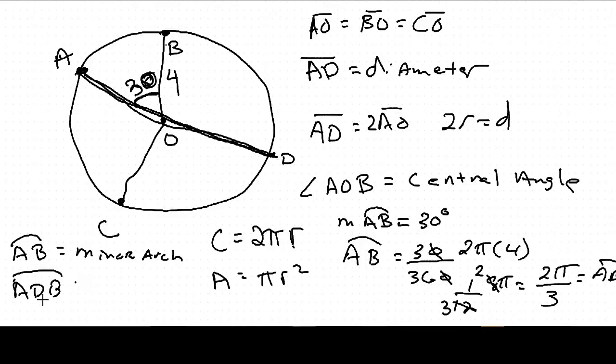I have to put that third letter in order to show which direction I'm walking around the circle. Okay? Both of those arcs are determined by that angle. Okay. So the minor arc is the one that's the shortest distance. The major arc is the one that's the larger distance.